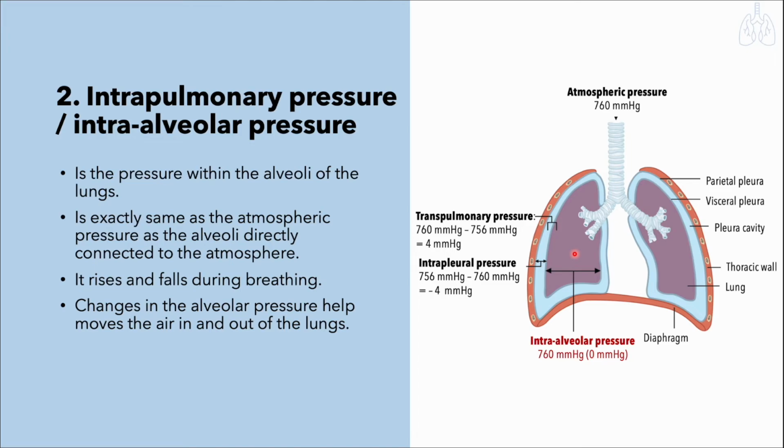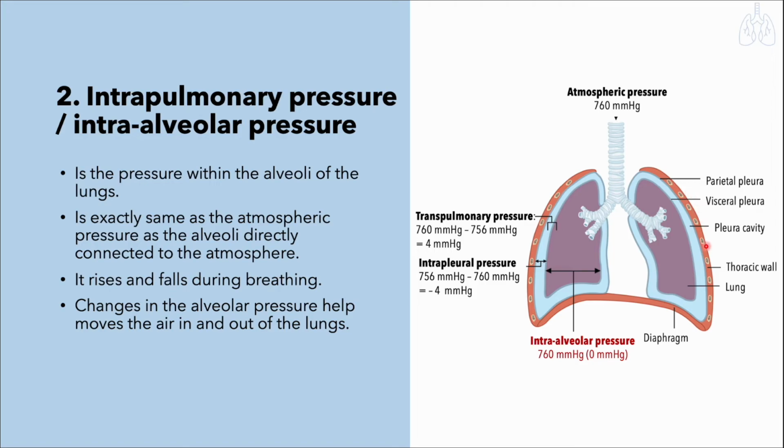Okay, so let's give one example during inspiration. When you inhale, the diaphragm is going to move down, and the external intercostal muscles are going to pull the ribs upwards. The consequence of the pulling down of the diaphragm and pulling up of the external intercostal muscles is that it will expand the thoracic cavity.